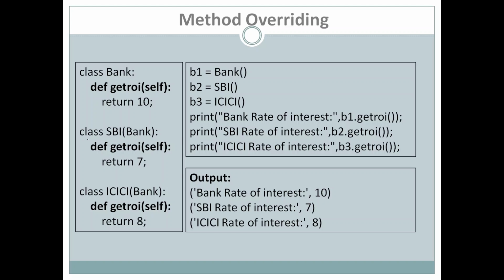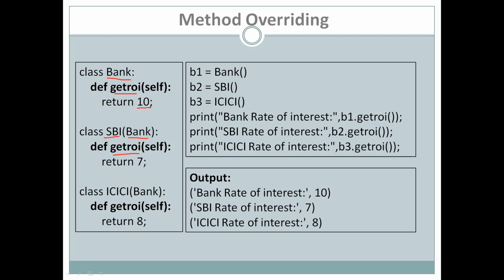This example is more like a real example. We have a class Bank, and it defines a method getROI, that is get rate of interest, and this method returns the value 10. We have one more class, SBI, which is inheriting the class Bank. So the properties of Bank are also the properties of class SBI, and class SBI has redefined the method getROI which is defined in the Bank class.